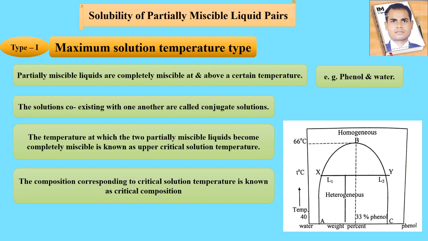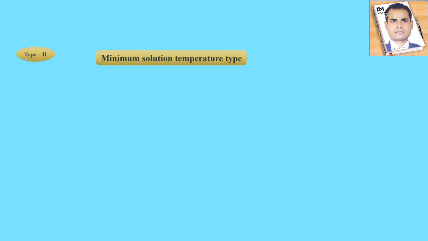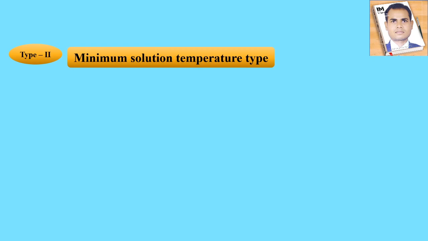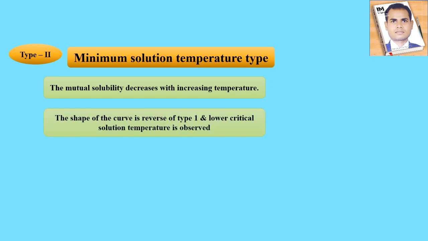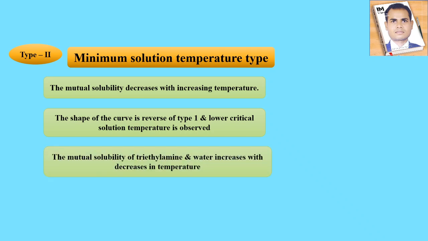Now we have to see the next type, the second, which is the minimum solution temperature type. In this type, mutual solubility decreases with increasing temperature. If you increase the temperature for this kind of mixture, the mutual solubility decreases, and the shape of the curve is the reverse type of the first, with the lower critical solution temperature observed here. An example of this type is triethylamine plus water.